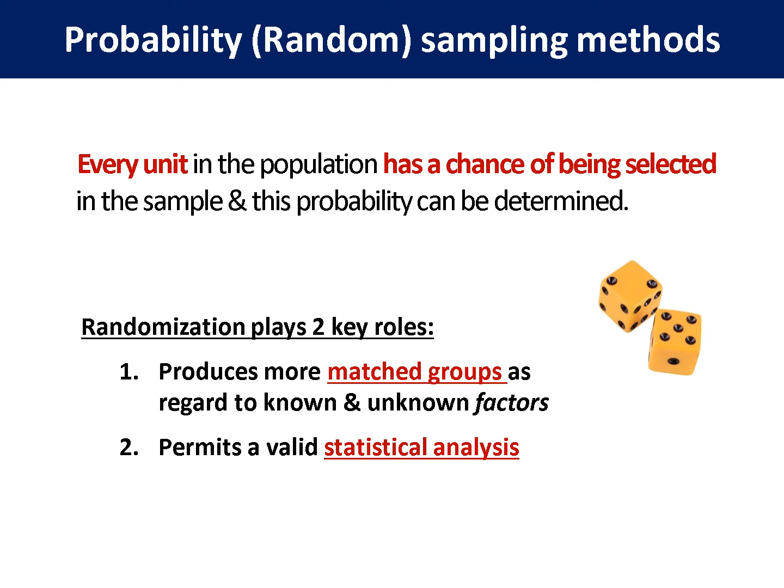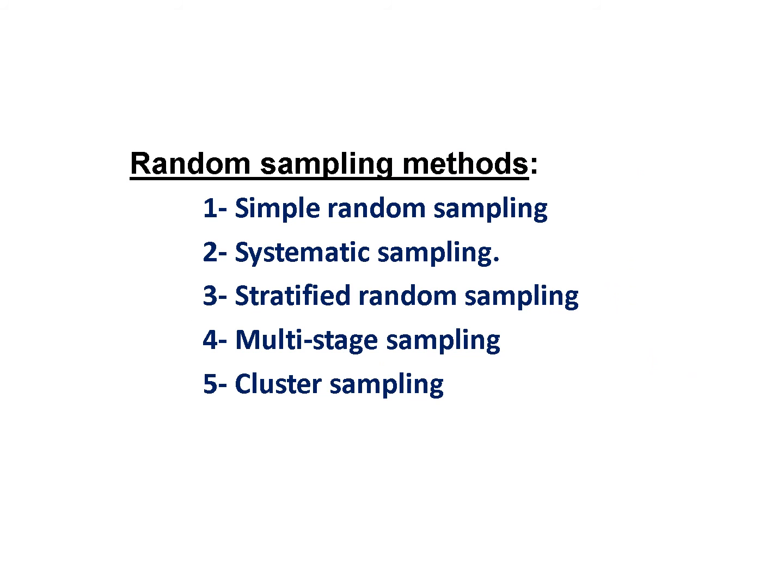Number two, it permits valid statistical analysis. The types of random sampling methods are simple random sample, systematic sample, stratified random sample, multi-stage sampling, and cluster sample.